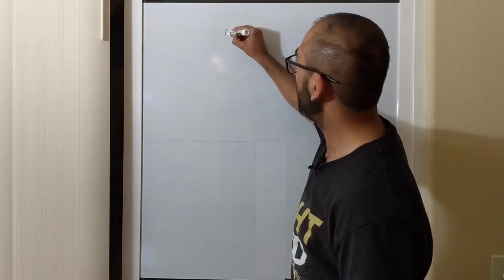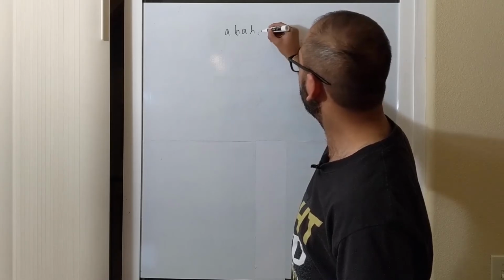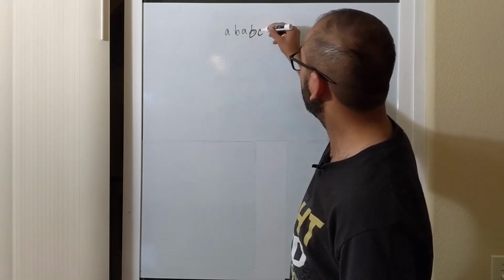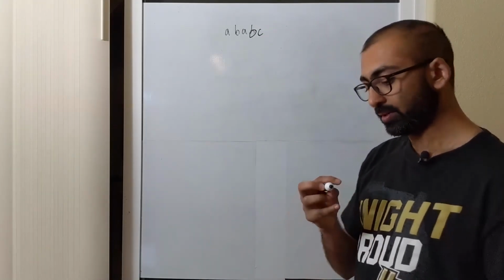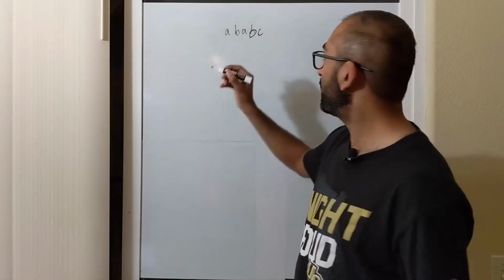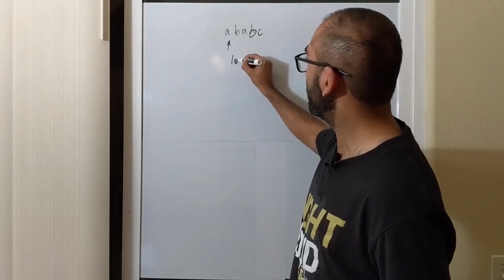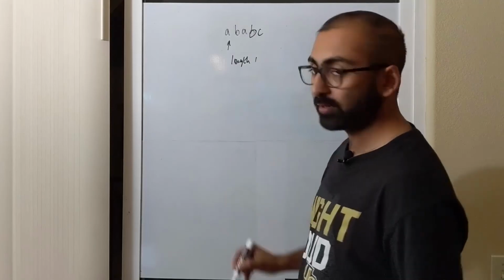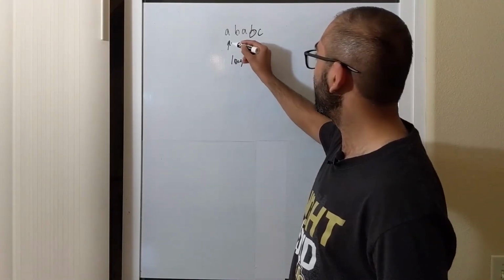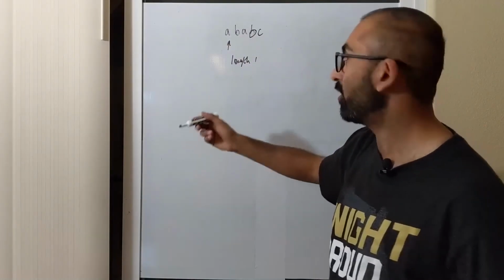So let's say given A, B, C. It's pretty simple, right? You start from this position and then you check for length 1, and so you get A, B, C. You get all of those.